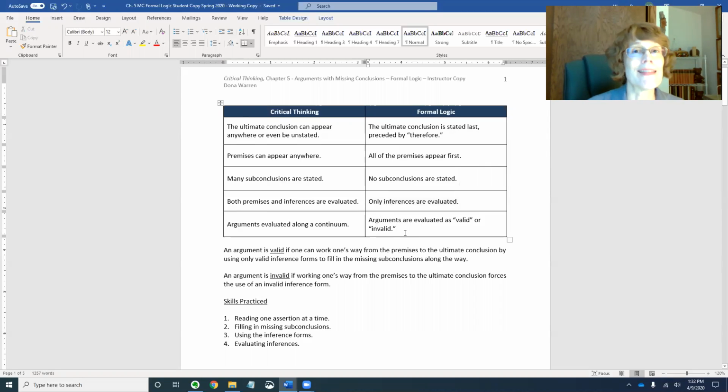And actually, that's why formal logic is kind of useful, because it really gets us very well acquainted, very, very fluent with those inference forms. And those inference forms are incredibly useful in real life contexts. So we might think about formal logic as almost like weight training, I suppose.